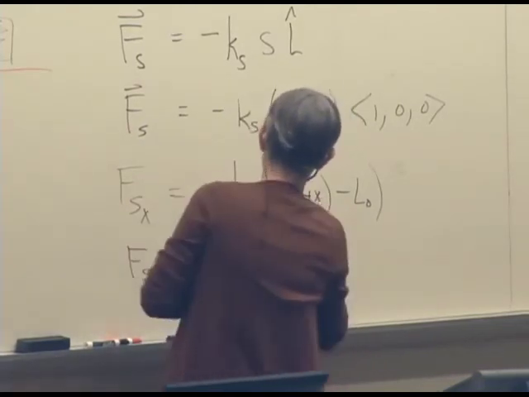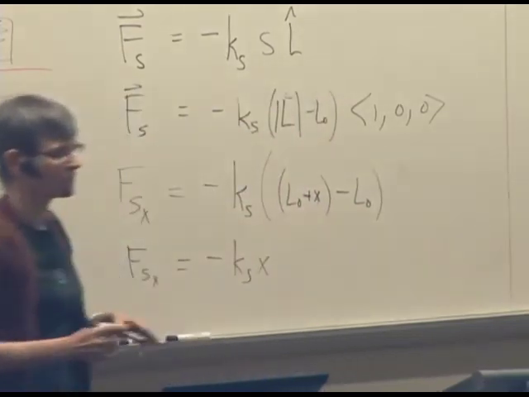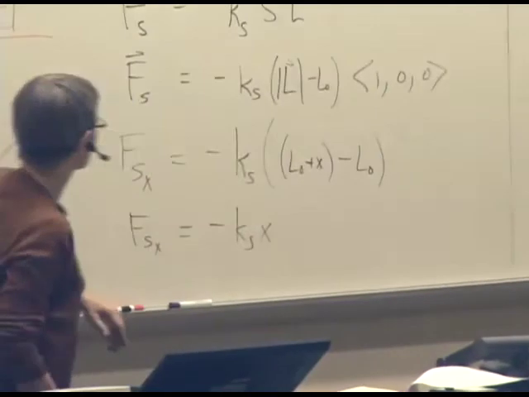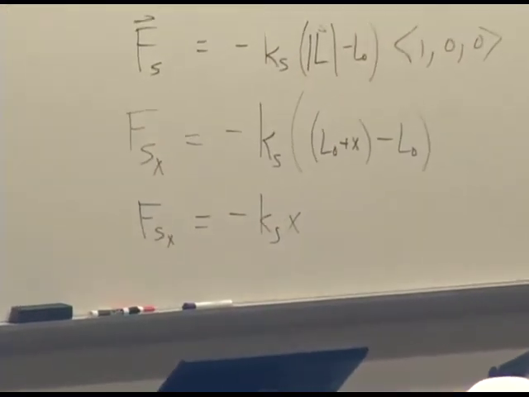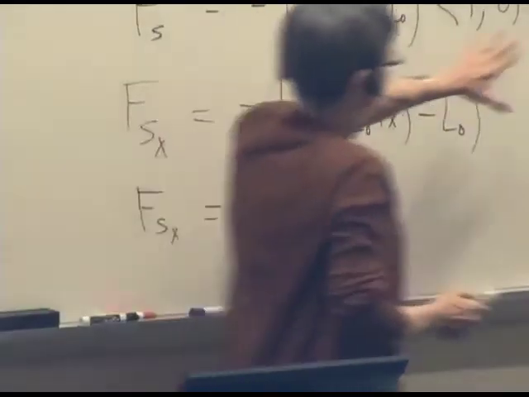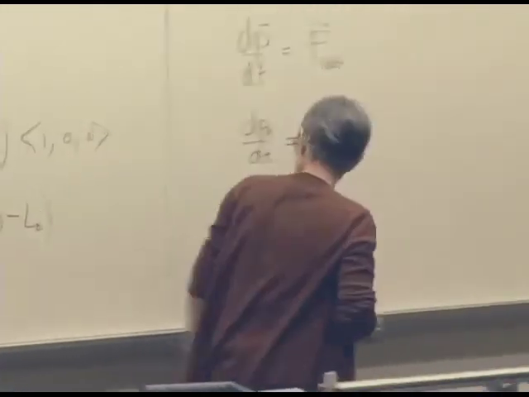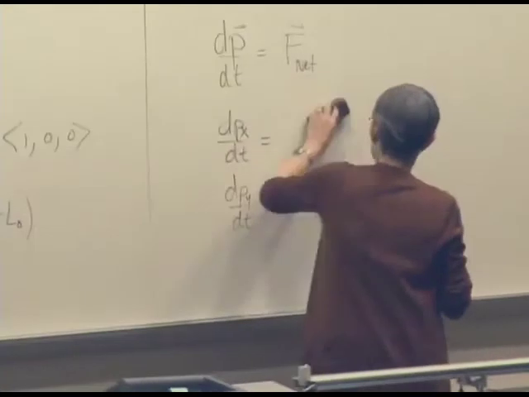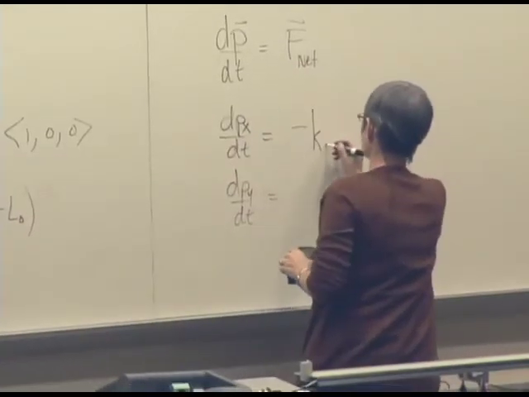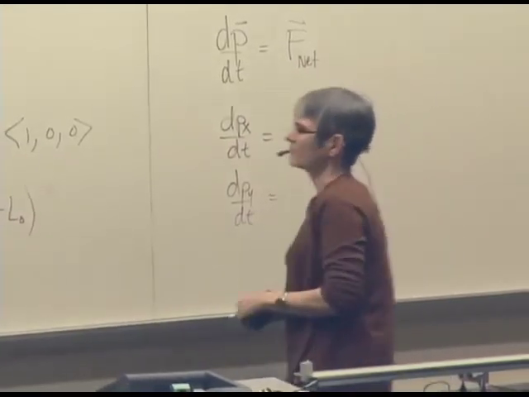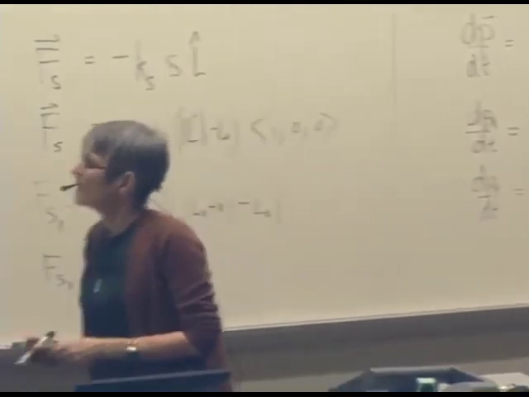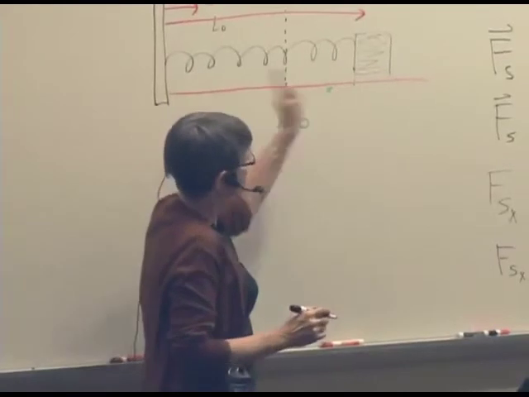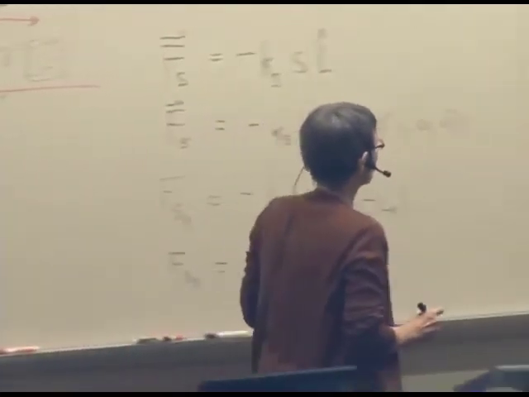These L0s cancel, and we just have times x, which just makes this mathematically simpler and easier to deal with. So that's the F net side of the equation here. So we have a minus k_s times x, and now we need to write something about dpx/dt.